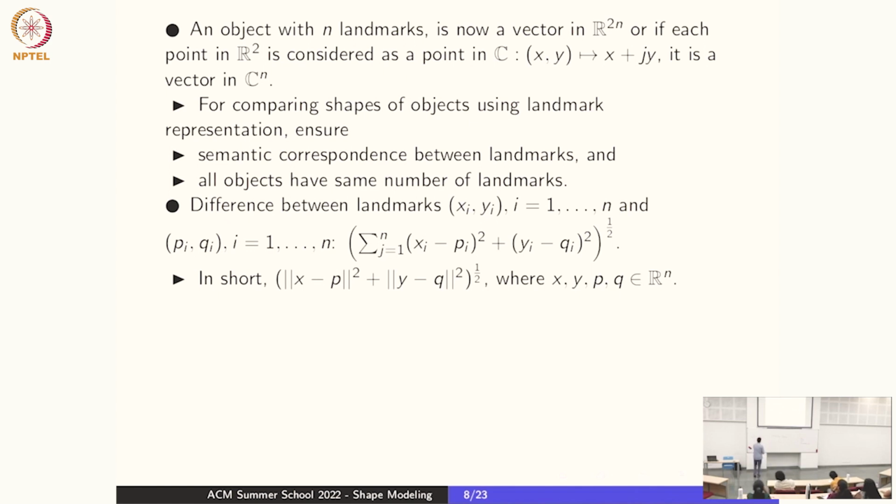Of course I cannot draw anything apart from R3, but just assume this is a diagrammatic representation of R2n. So this is O1, this is O2, right? I can compute this distance, the straight line distance between these two vectors, and that is what is shown in the slide.